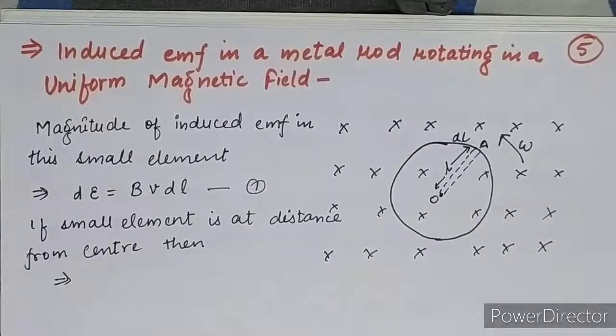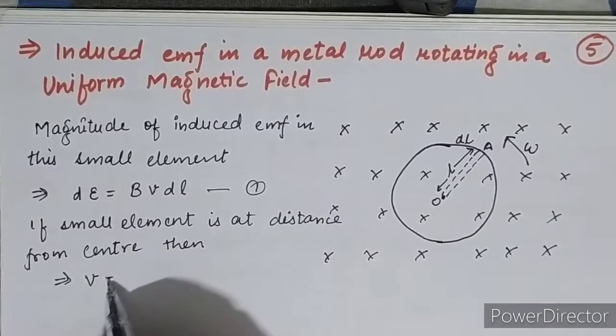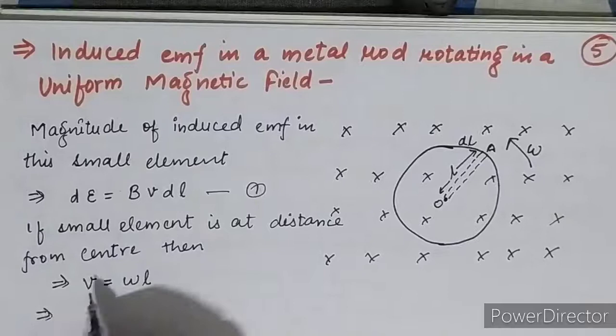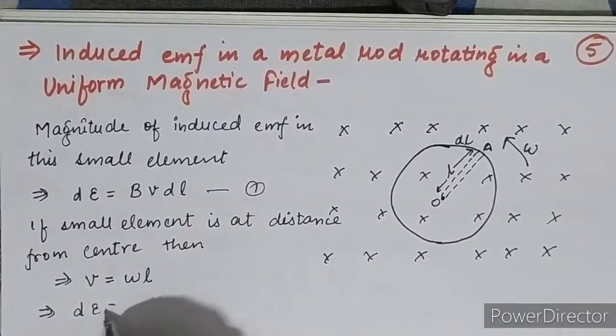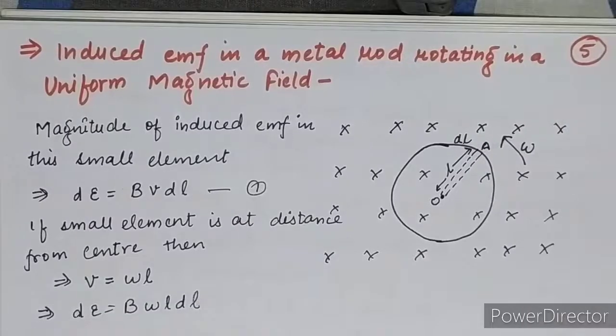You know the relation, beta? What is the relation? v equals omega l. I am putting this value in equation number 1. Then dE equals B omega l dl.